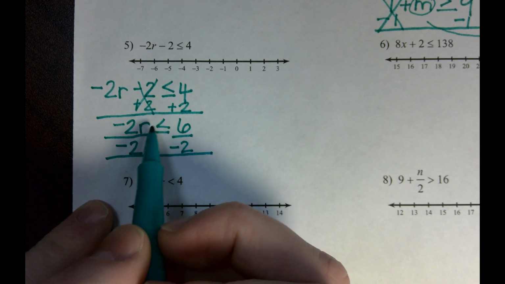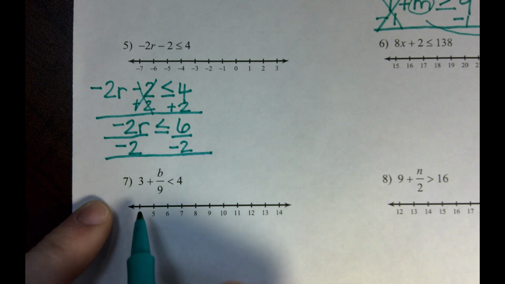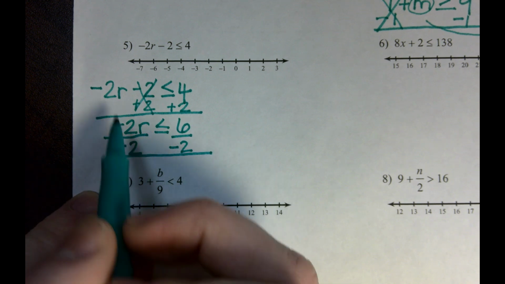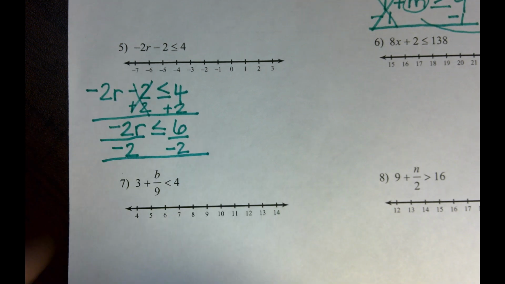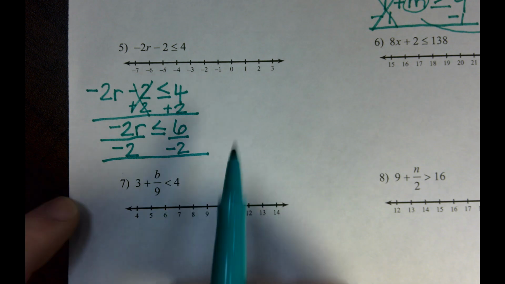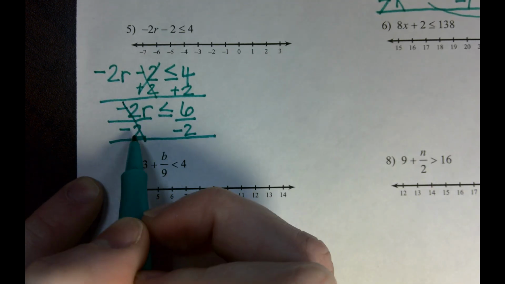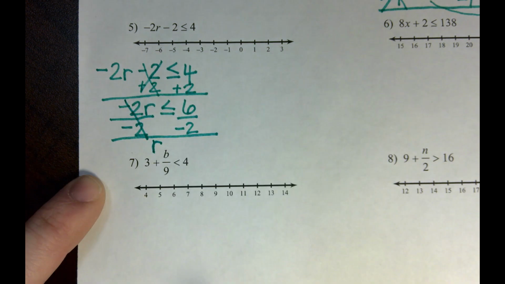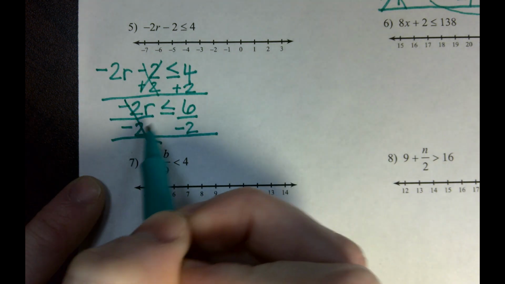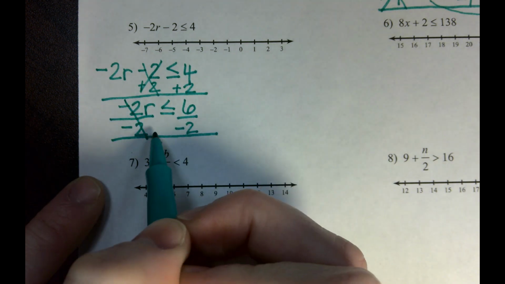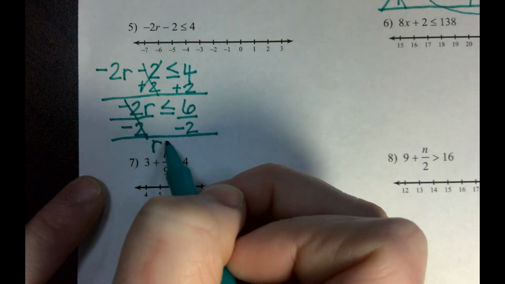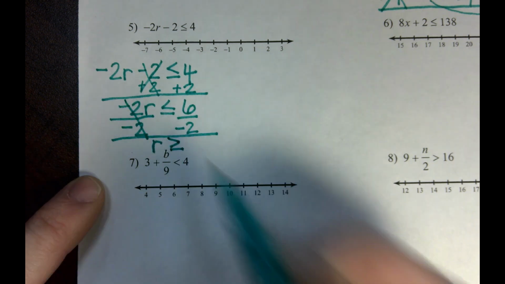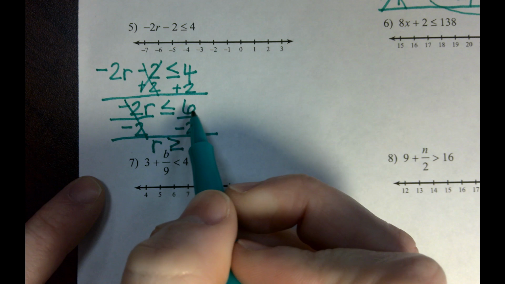Instead of being less than or equal to, it's going to turn into a greater than or equal to sign. It's going to flip-flop it. So we divided by negative 2. That means we have r by itself. And dividing by the negative flips our sign. Now it's greater than or equal to.